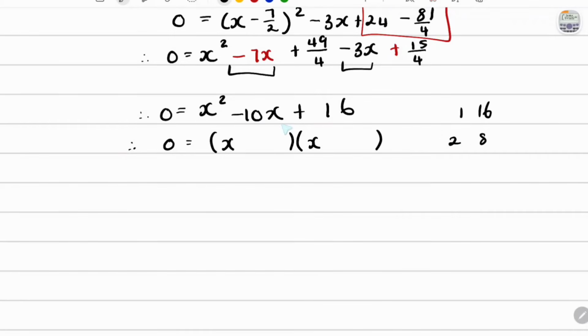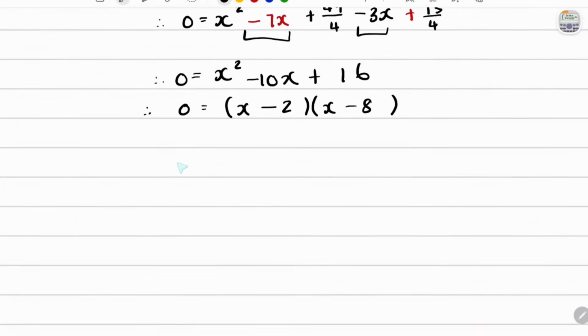Because the middle is negative, right? You can see that this is positive, okay? The only 2 things that can multiply to make that positive, but that stay negative, is if this is negative 2 and negative 8, because negative 2 times negative 8 is positive 16, but minus 2 minus 8 is negative 10. So that is going to be minus 2 minus 8, and then just solve for x.